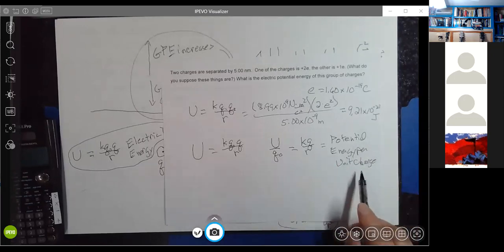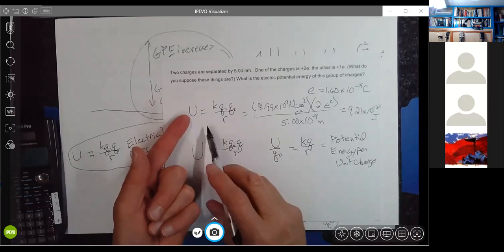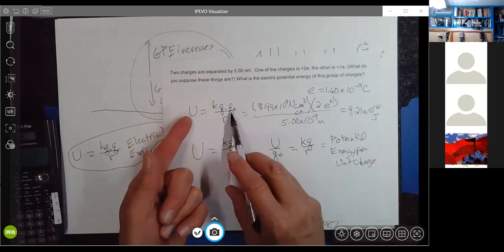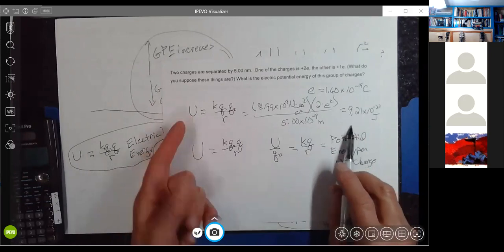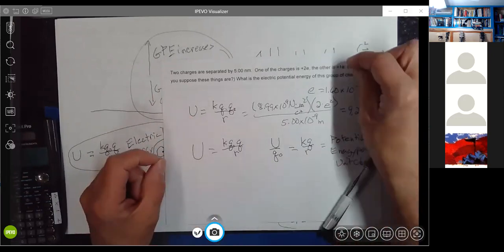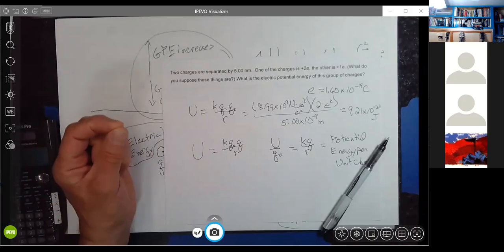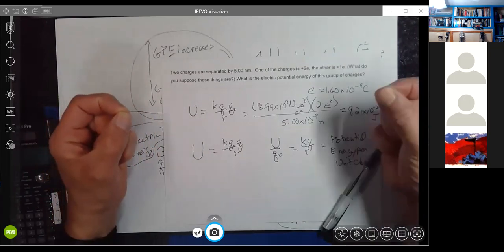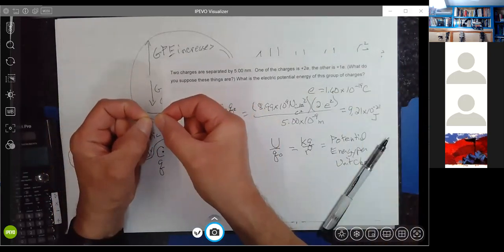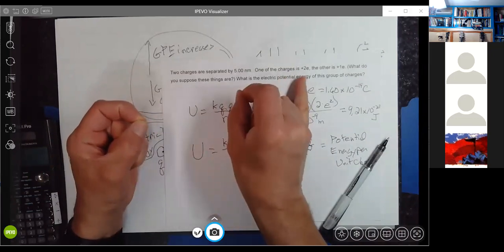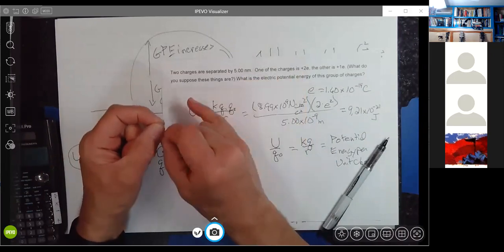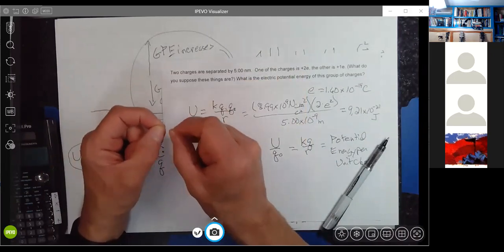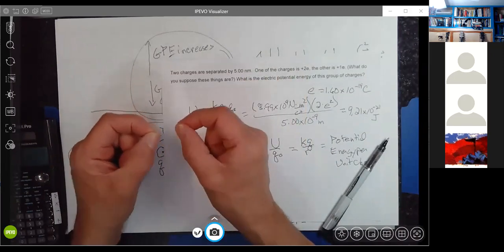That's kind of weird. By the way, this thing that we calculated up here, the potential energy of these two charges, that's how much work we would have to do to bring a proton from infinity to where it's only 5 nanometers away from either the doubly charged positive ion, or a helium-4 nucleus.